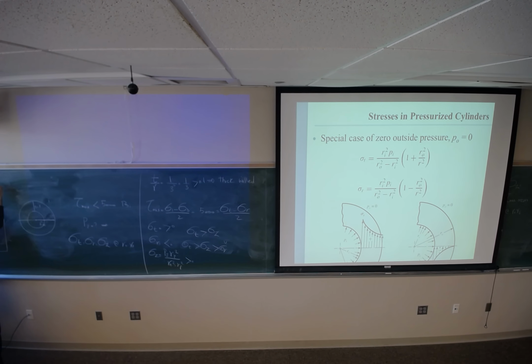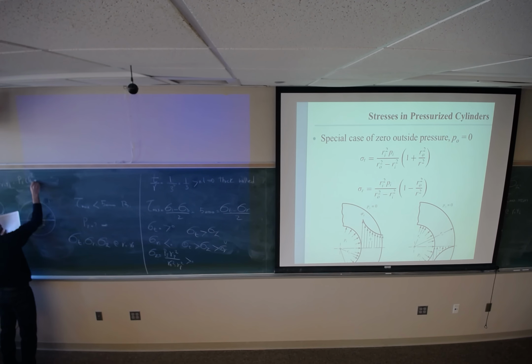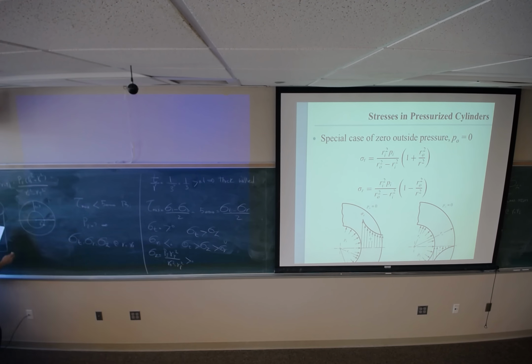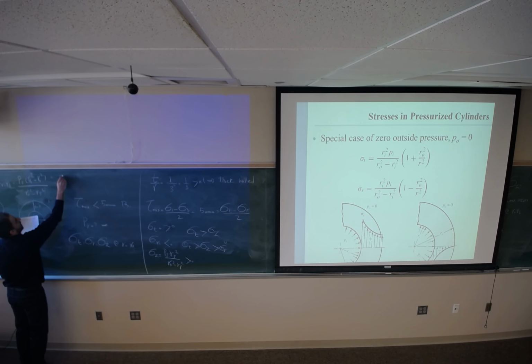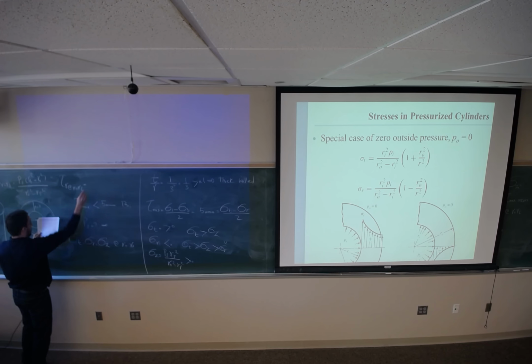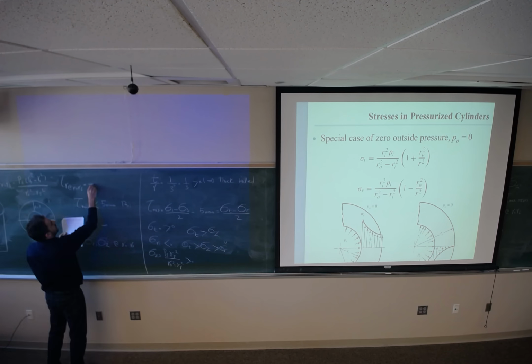Sigma T at r equals Ri is going to look like Pi times Ri squared plus Ro squared, divided by Ro squared minus Ri squared. And sigma R at r equals Ri is going to look like negative Pi.